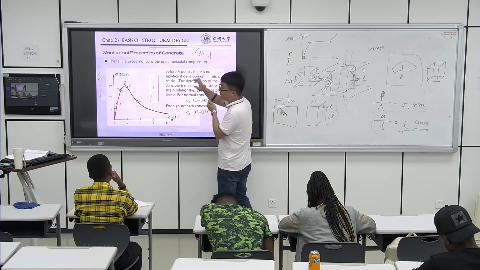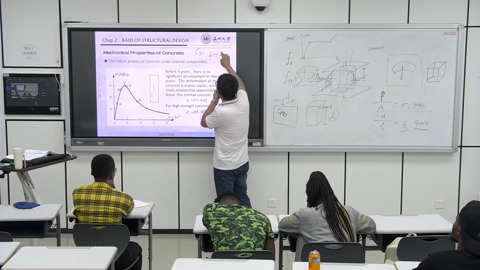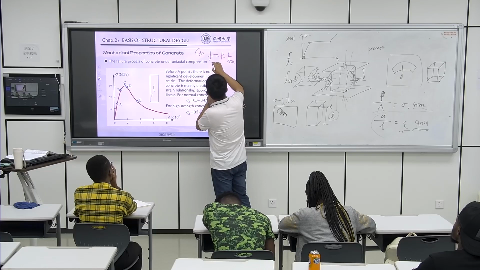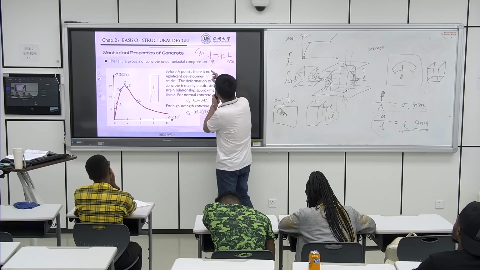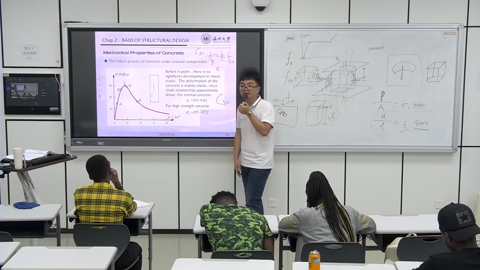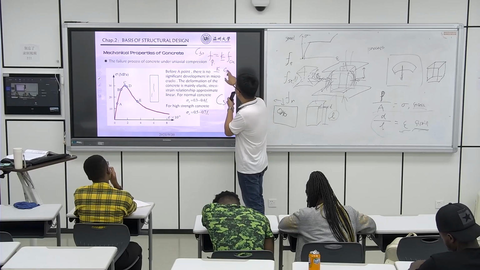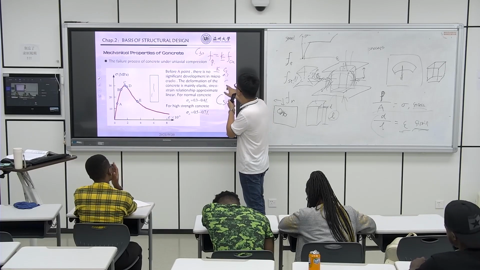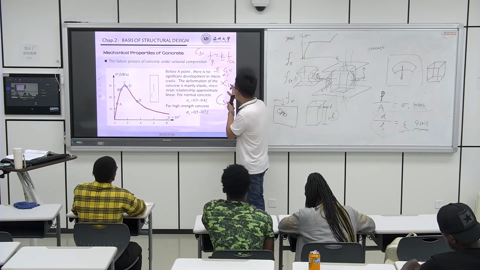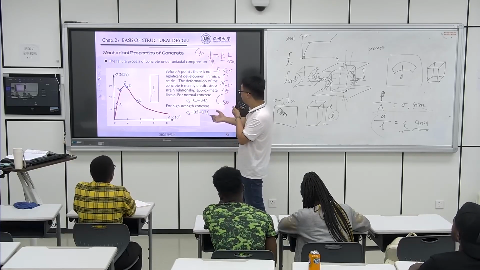The prism and the cubic compressive strength, right? This is the cubic, this is the prism. The coefficient will be different. Do you remember? Around C50 it is 0.7, and if higher than C50, the coefficient may be 0.8.